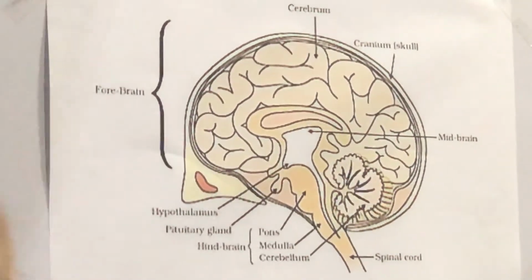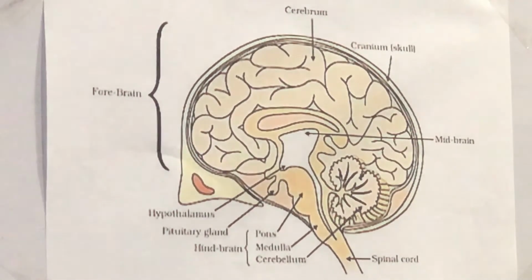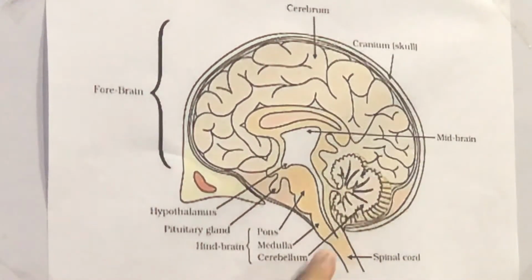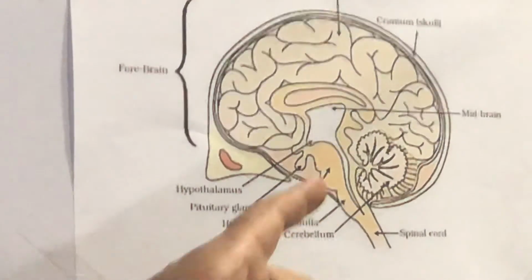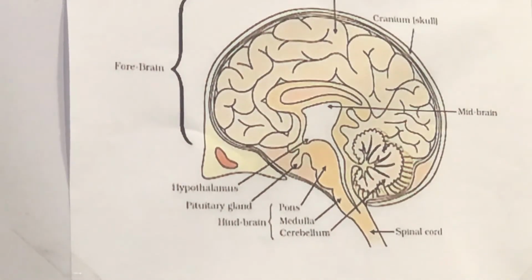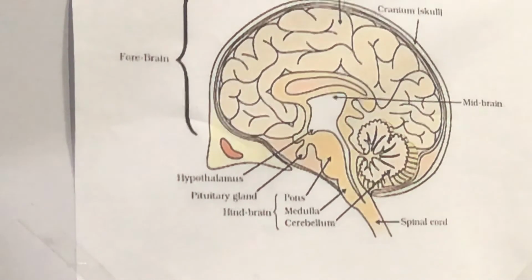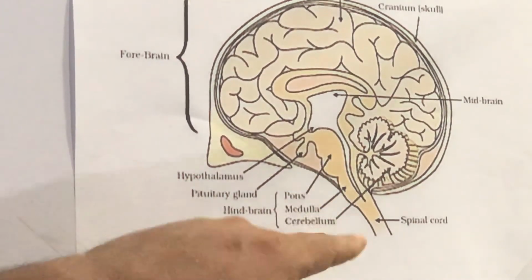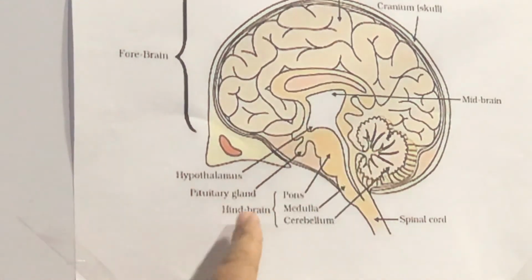The cap which I am wearing is my cerebrum. The portion at the back below the cap is the cerebellum. Near the neck and coming toward the ear, this club-like thing is the hindbrain. So I have forebrain, midbrain, and hindbrain.